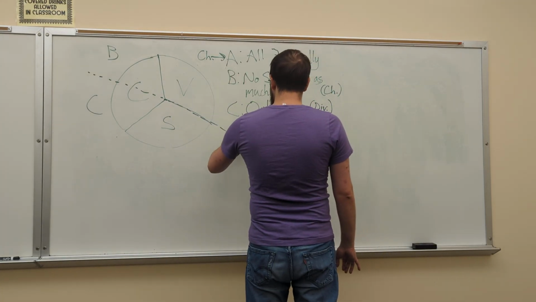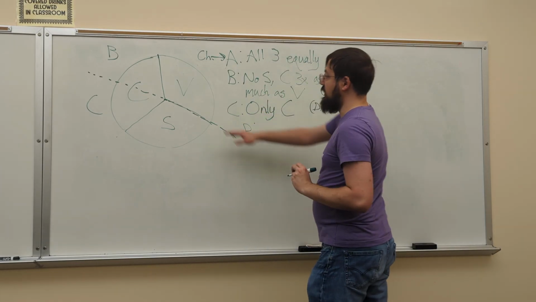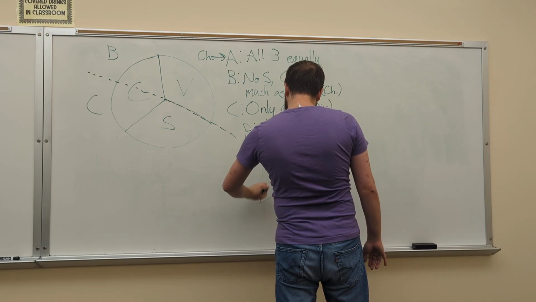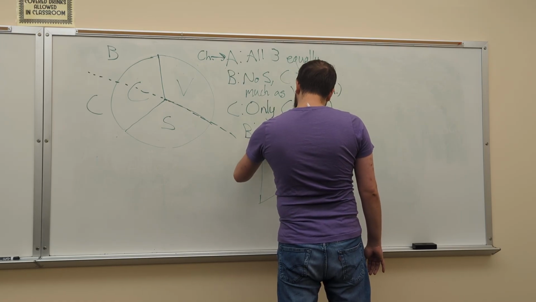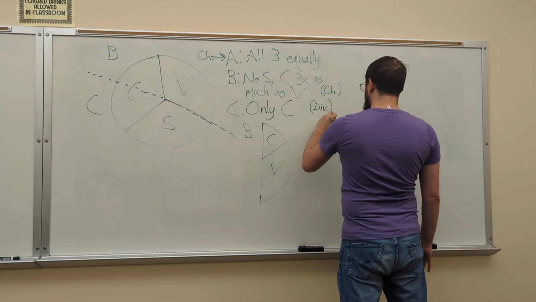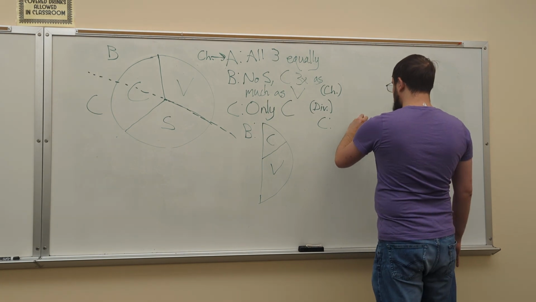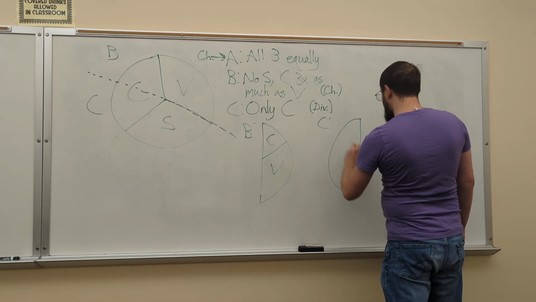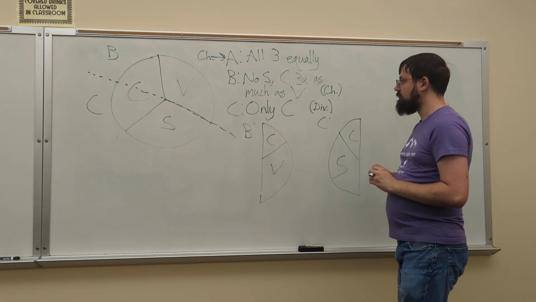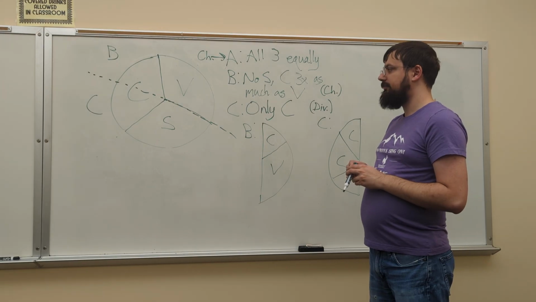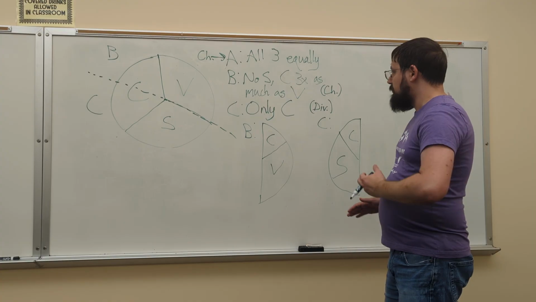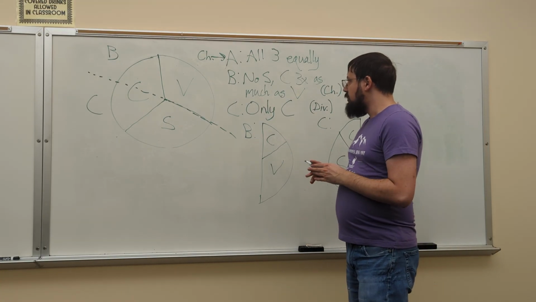So player B has this half of the cake, so we've got chocolate and vanilla, and then player C has the other half of the cake, so we've got chocolate and strawberry. Basically at this point, we'll start with player B.